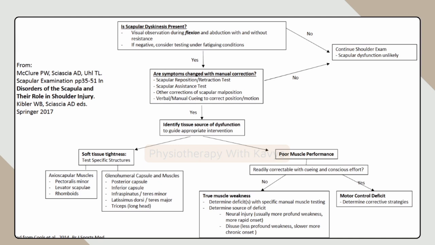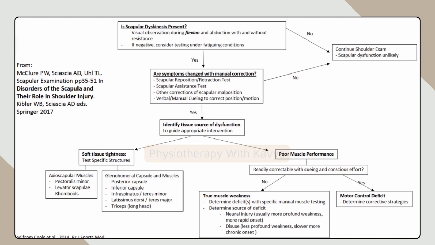If that's true, then we look for the tissue source of dysfunction to guide appropriate intervention. Now, there could be soft tissue tightness, and we'll test specific structures that could be axioscapular muscles or glenohumeral capsule and muscles. The other possibility is poor muscle performance.